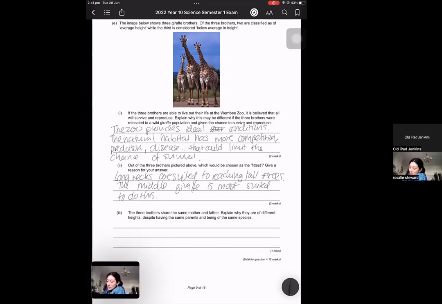Okay, so there are 3 brothers who share a mother and father. Explain why they're different heights. Okay, so this is that part of speciation, which is variation. So within any population, let's just write that down.